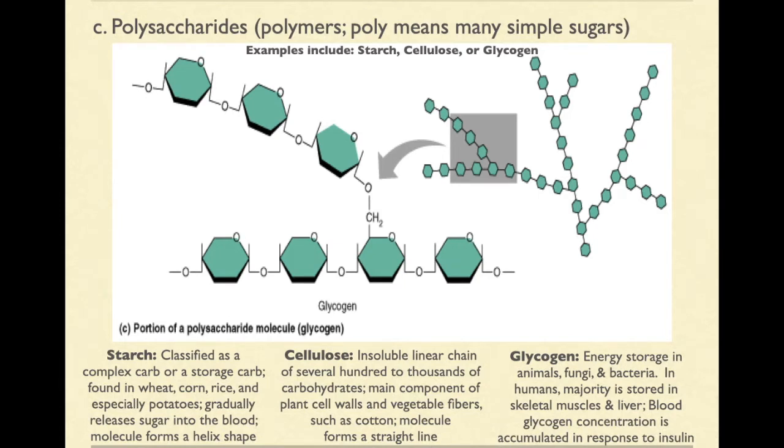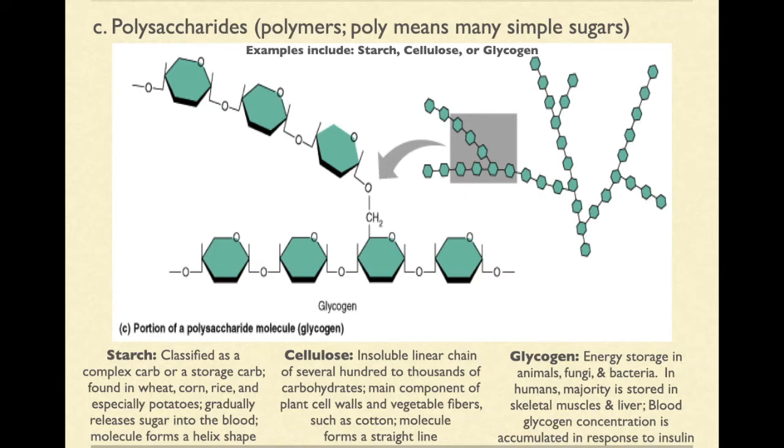Then you have glycogen. Now, glycogen is found in animals, fungi, and bacteria. But since we're talking about humans, we're going to focus more on glycogen than the other two. This is a carbohydrate that is stored in the skeletal muscles and the liver.